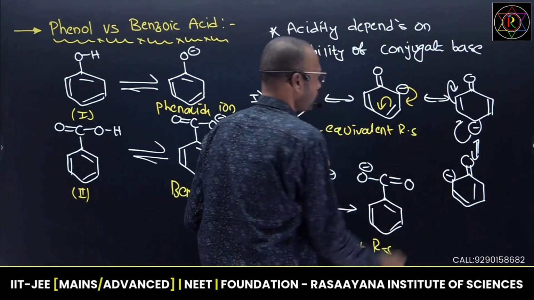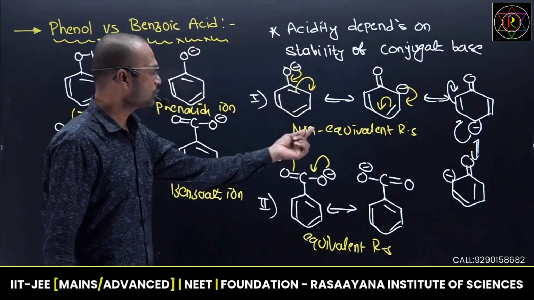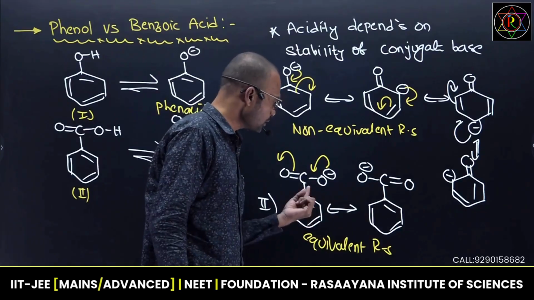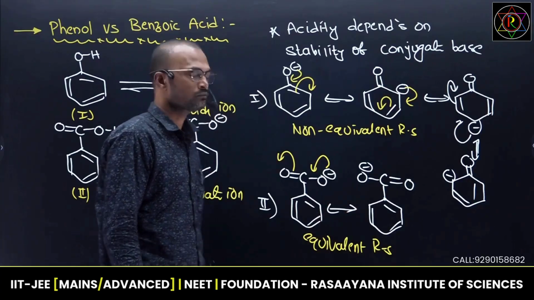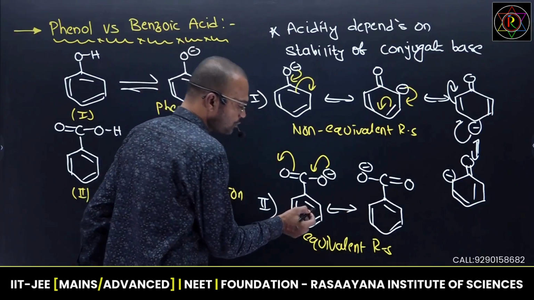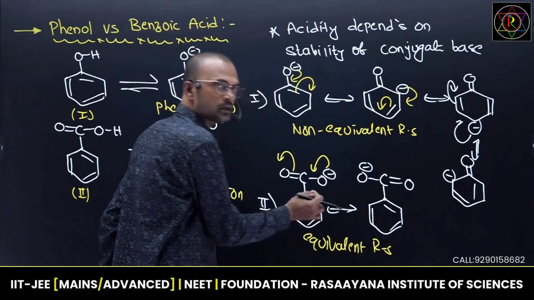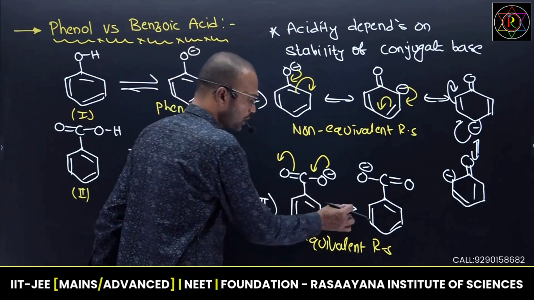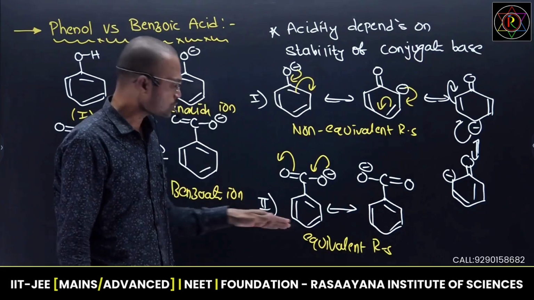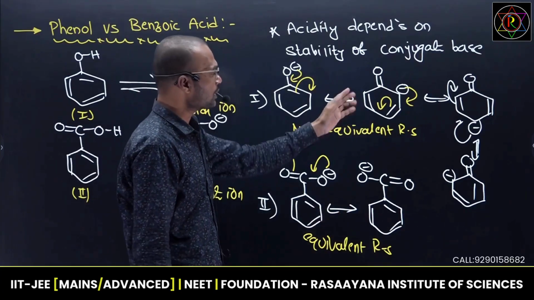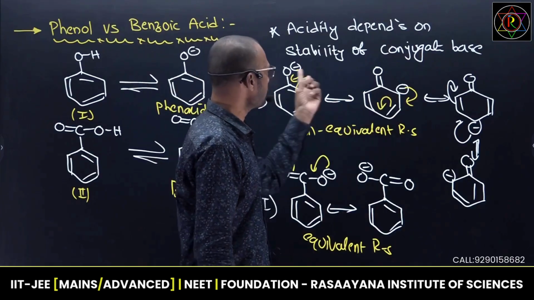What is the meaning of equivalent and non-equivalent? Equivalent resonating structures are nothing but, see, these two are indistinguishable. We can't separate them. Both are almost the same. Here the energy difference between these two is very small, which means we can interconvert them very fast with less energy. Almost both are the same. But in this case, this anion is different as compared to this one.